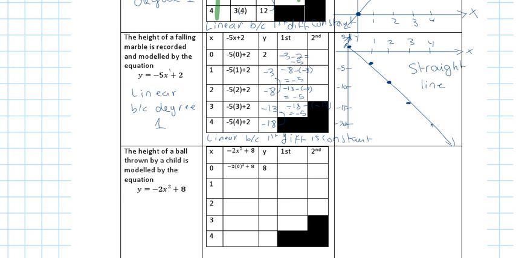Are we okay with this? Okay? So, equation, degree 1. Table, first difference is constant, graph, it's a linear function.